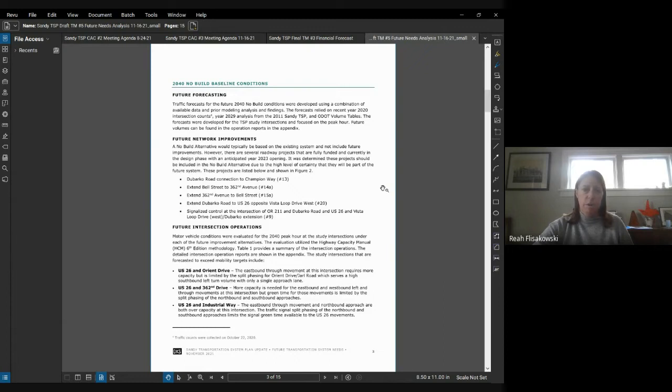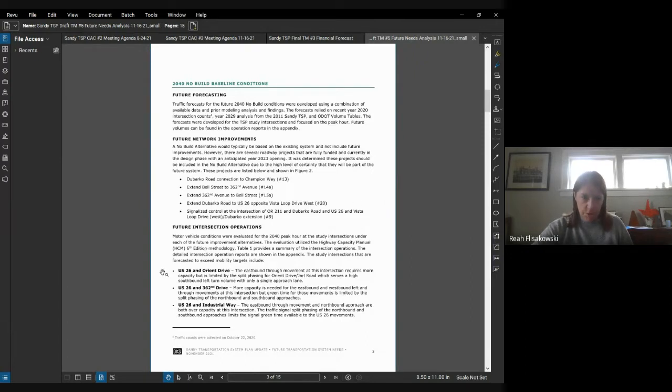The city has quite a few improvements that we felt were reasonably advanced or funded enough that we assumed they would be done by the year 2040, so they're just assumed in our baseline condition. And with that, we find there are actually several intersections in the city that we estimate won't be meeting performance standards in the year 2040.